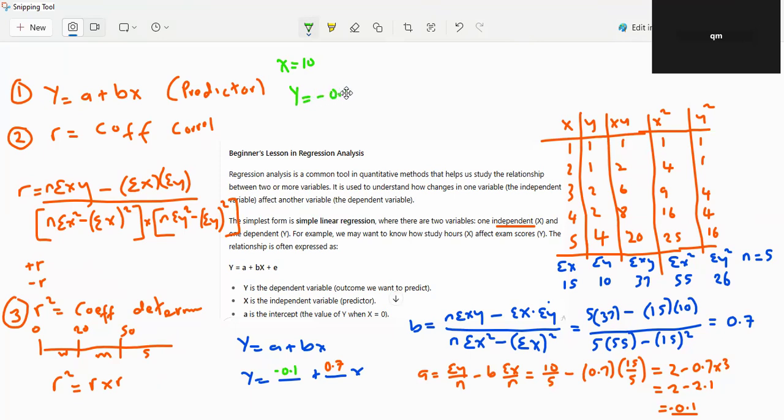Where there is x, we put 10. When you calculate that, you're going to get y as 6.9. So it can come in terms of, suppose 10 million was put as a budget, how much are you expecting in your sales figures? So we are predicting. Is that clear?